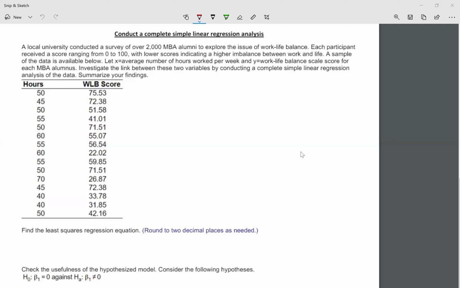Okay, things that I'm going to figure out. First of all, because I have to find the least squares regression, rounded to 2 decimal places as needed, I'm actually going to use Excel for all of these. I want to have this calculated. So I'm going to do the sum of the squares of x, y; the sum of the squares of x, x; and the sum of the squares of y, y.